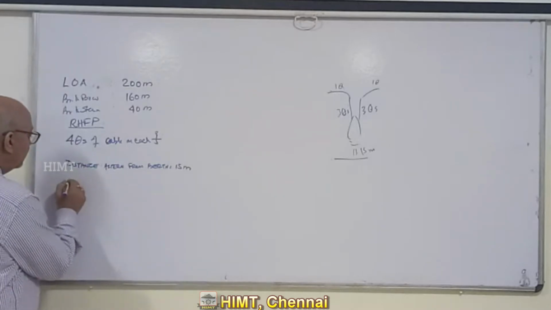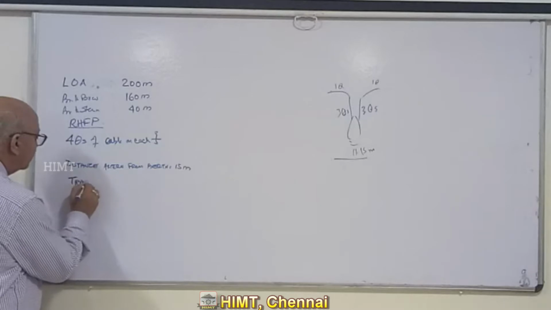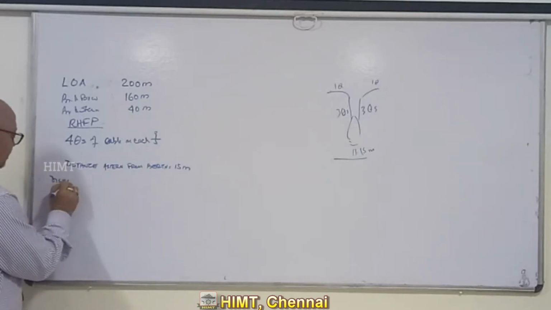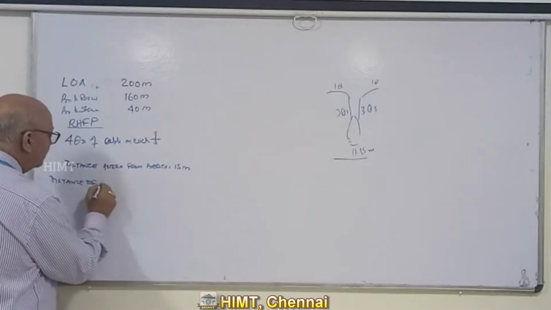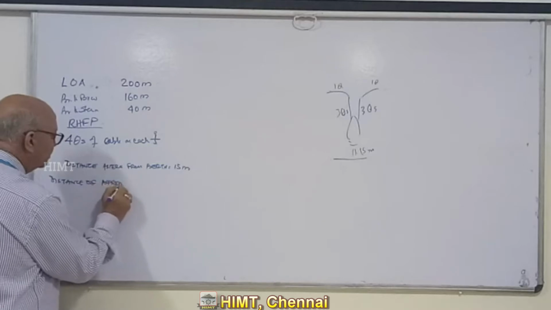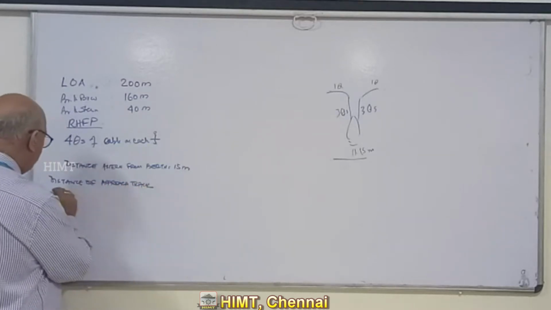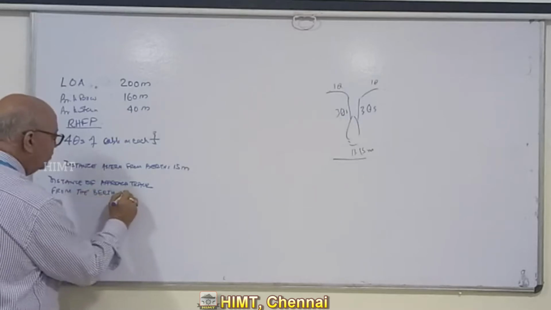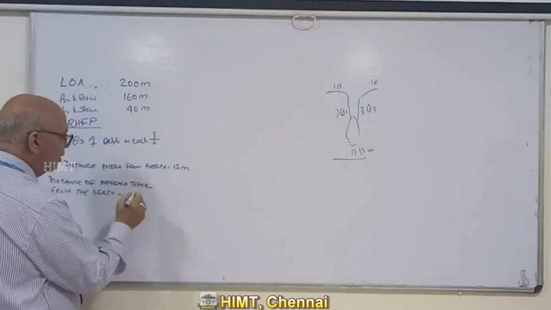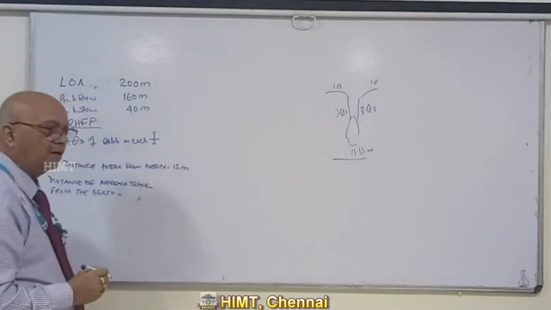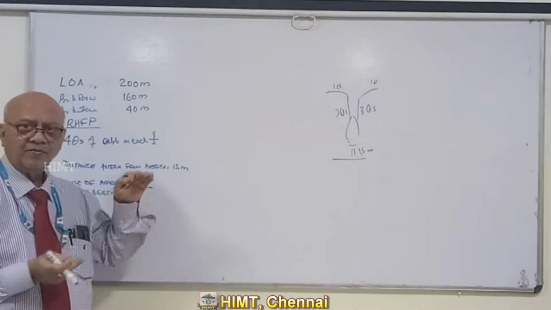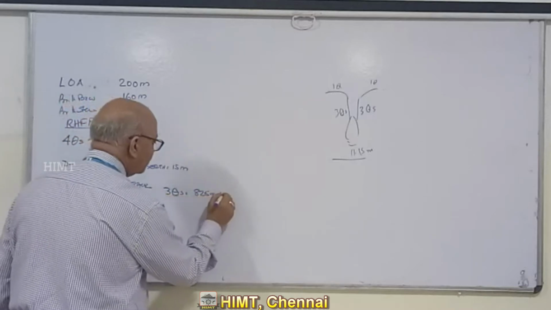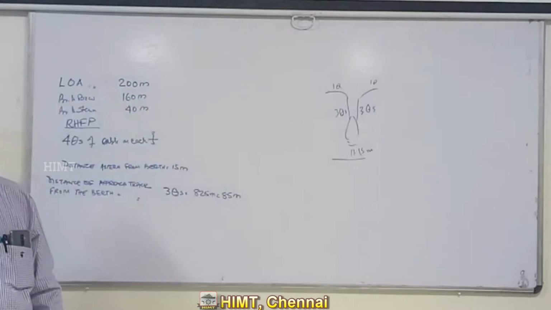Therefore, you can say the distance of the approach track from the berth is equal to, now you are going to use 3 shackles perpendicular. 3 shackles is equal to 82.5 meters, or say let us round figure of 85 meters.